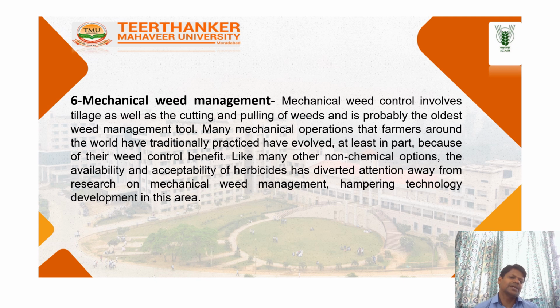So here is mentioned mechanical weed control, like cutting and pulling. Cutting is a good idea during the flowering stage. When there is only a very low weed population at the flowering stage, they can be cut and pulled also.